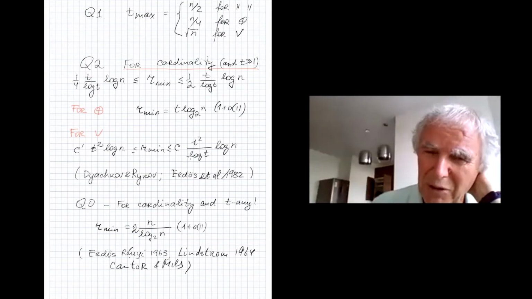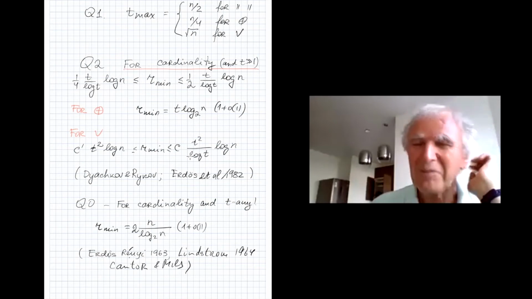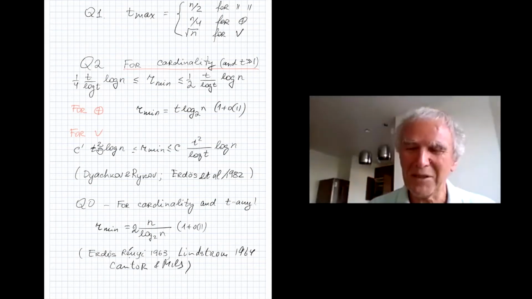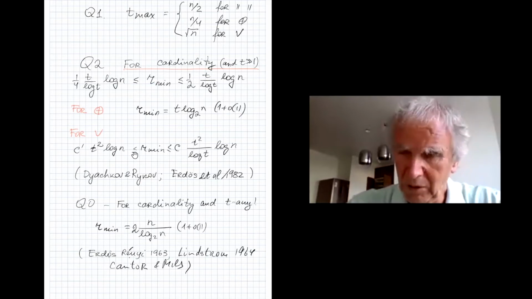If you can follow me, I just mixed up upper and lower bounds. But you see that the number of questions can be smaller than T squared divided by log T, times log n.